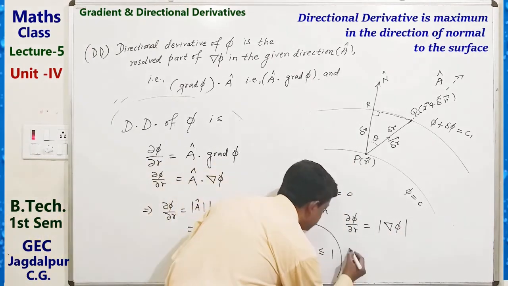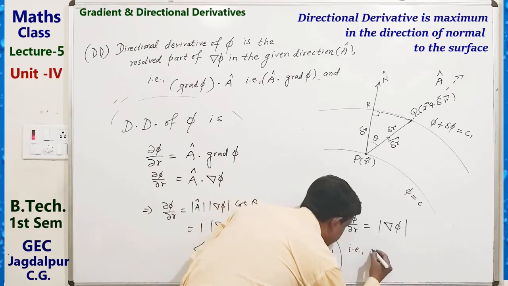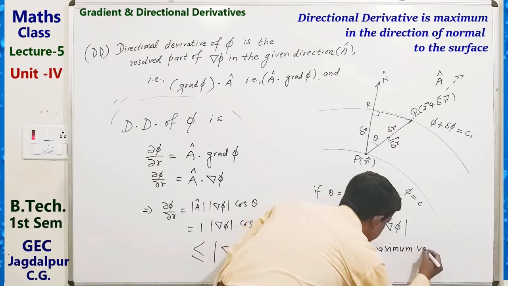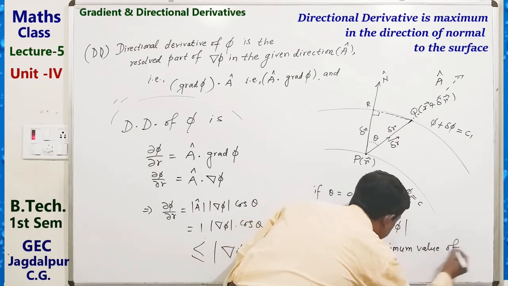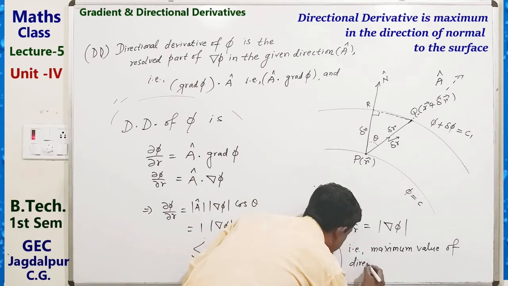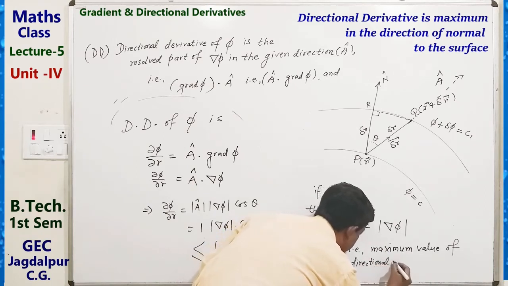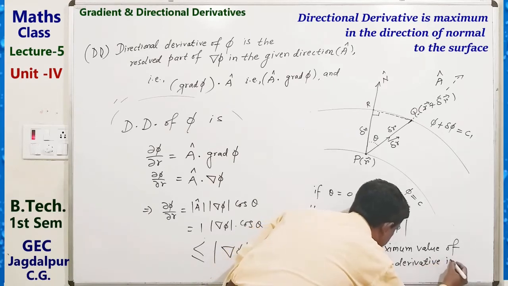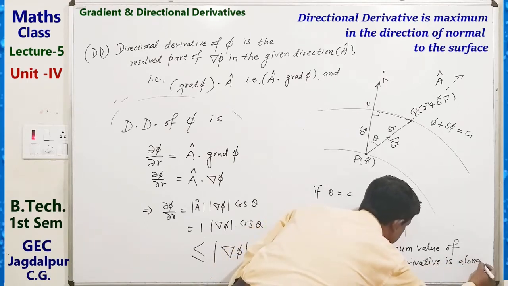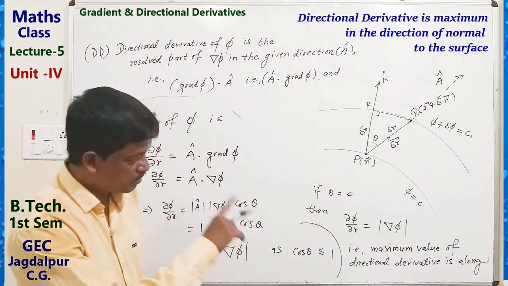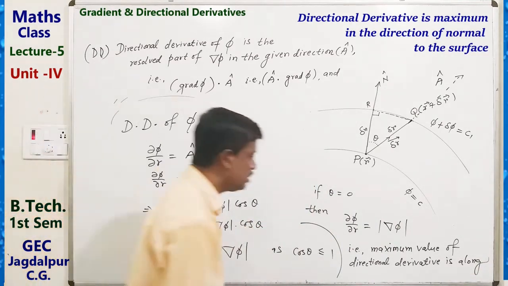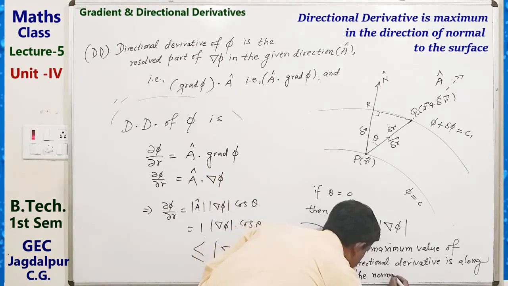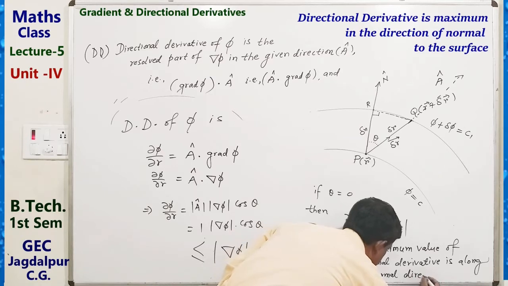That is the maximum value of the directional derivative. The maximum value of the directional derivative is along the normal direction.